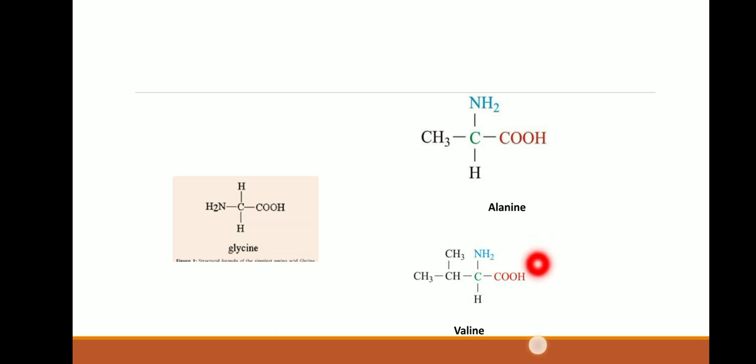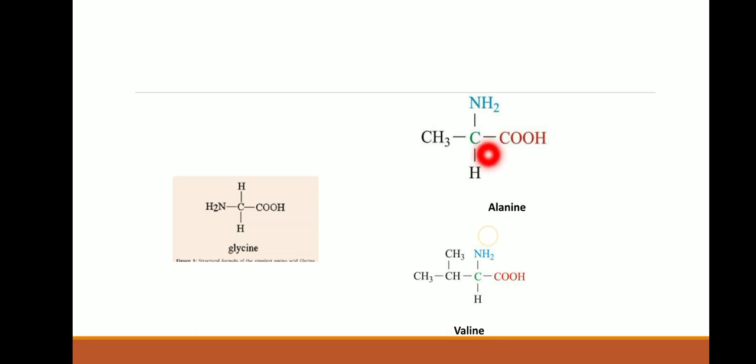In the case of valine, this much part is the same, amino group, carboxylic group, and hydrogen, but this part is different. So this is the side chain of alanine, and this is the side chain of valine. These R groups are the only difference, and all the other parts are the same.